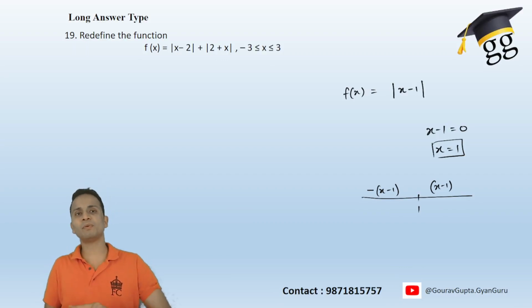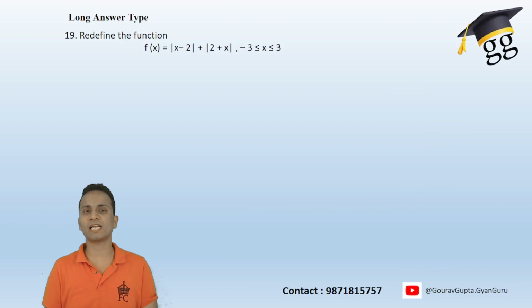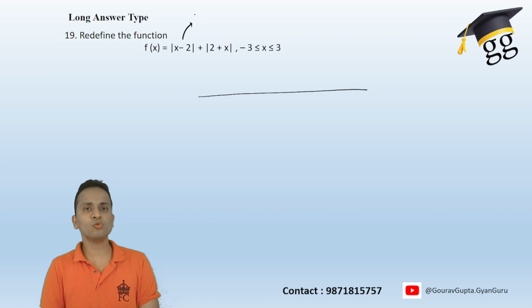Now the same principle will be applied in this question, but it will change its sign along two different points. Okay, so both the points are given. So I'll plot the number line. Now what is this? x minus 2. If I'll put it equal to 0, I'll get x equal to 2.